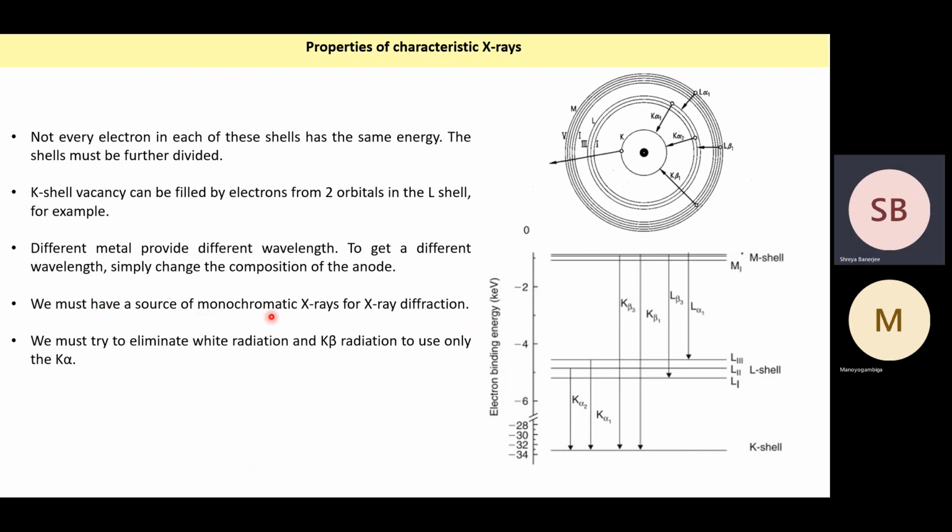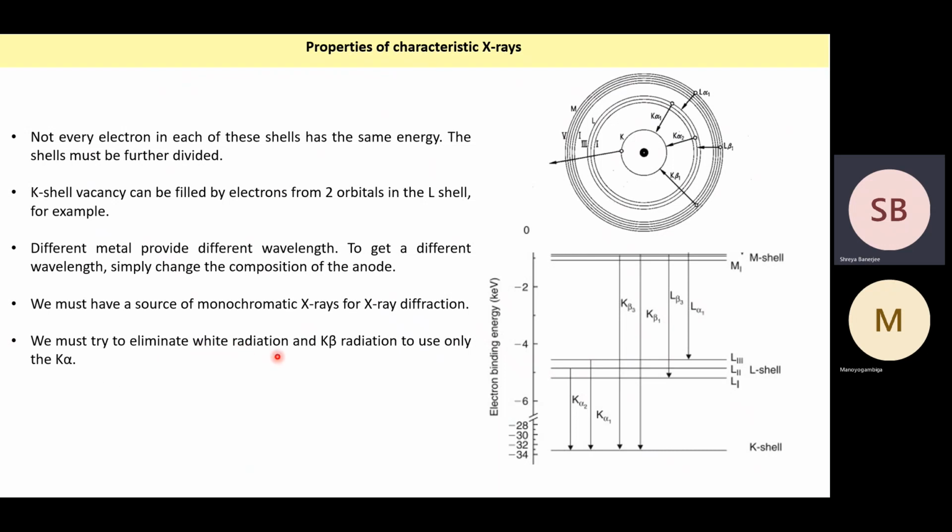We must have a source of monochromatic X-rays for X-ray diffraction. Monochromatic basically means you want X-rays of a particular wavelength. So what you want is characteristic X-rays. We must try to eliminate white radiation and K beta radiation to use only K alpha.